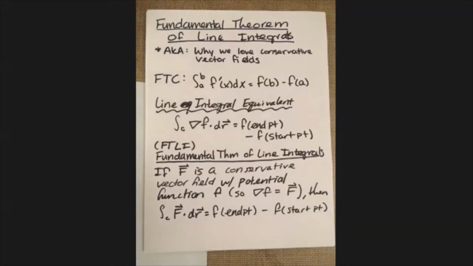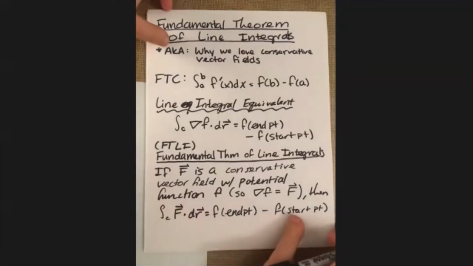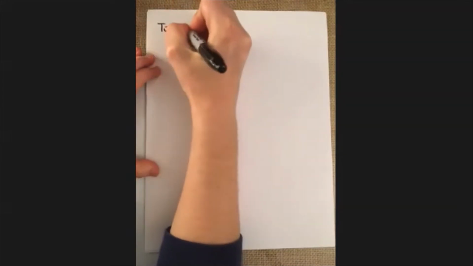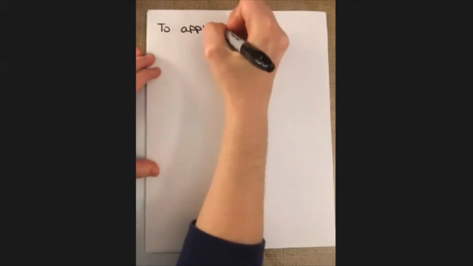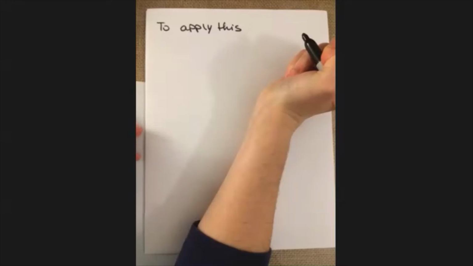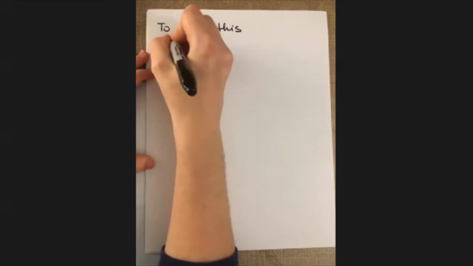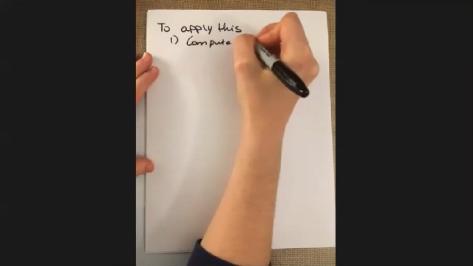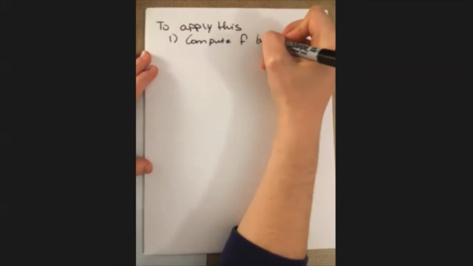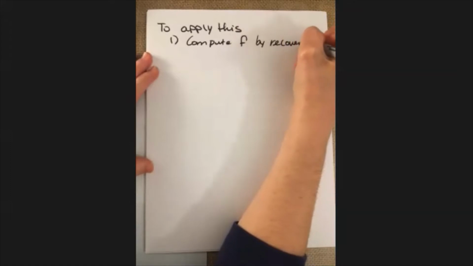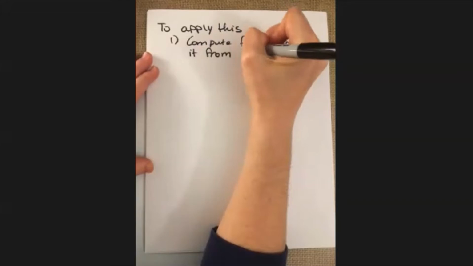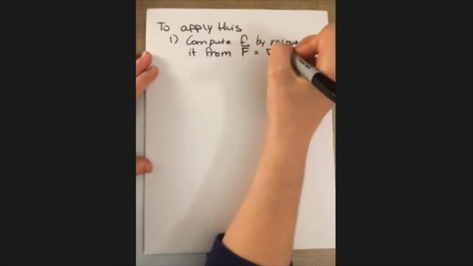So how do we use this? What does this wind up looking like? To apply this, what we do is, one, we compute little f by recovering it from the fact that our vector field is equal to the gradient of little f.